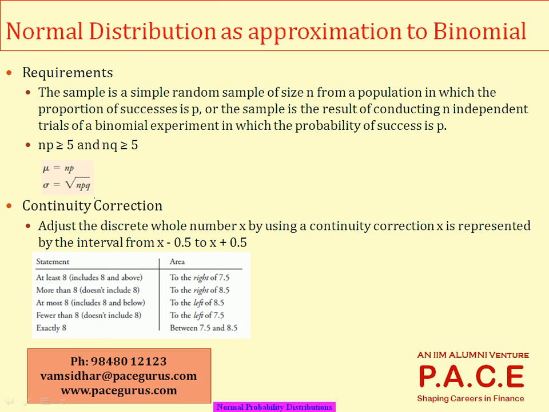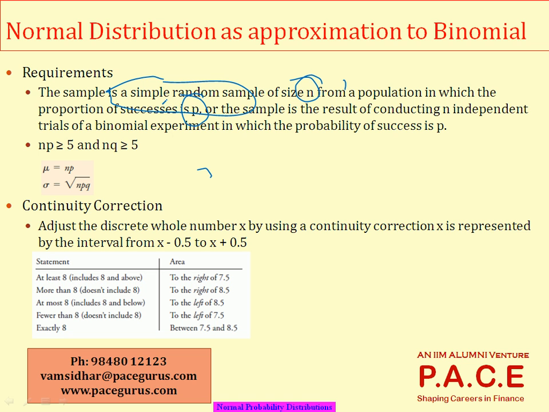Now, if the data is following a binomial distribution, I can approximate it to a normal distribution if some of the conditions are satisfied. First of all, the conditions of the binomial distribution need to be satisfied, which means the data should be a simple random sample, the sample size should be n, the probability of success is p, and the trials are independent.